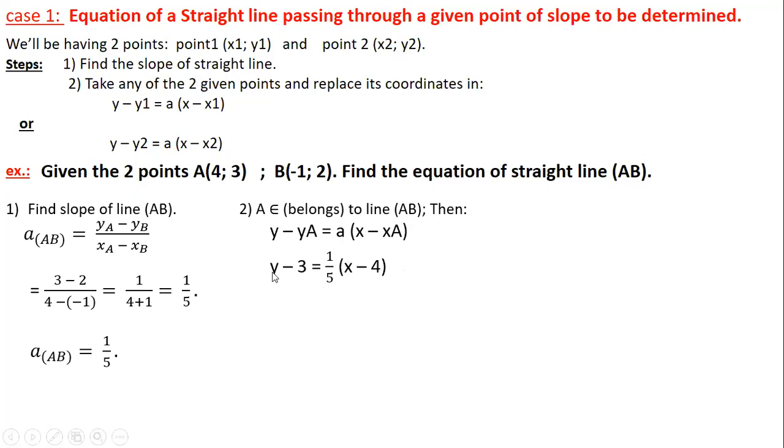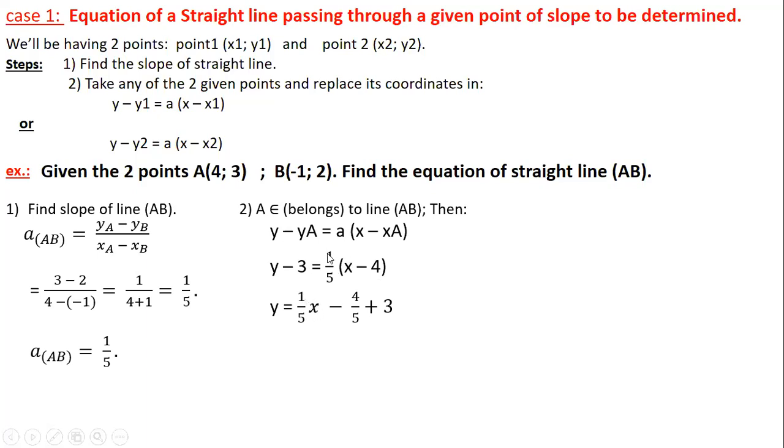Now, I want to manage this equation. It should look as y equal ax plus b. So I keep y on side 1 and I take everything to side 2, and I should get rid of the parentheses by multiplying it by 1/5. So I will write y equal, if I multiply 1/5 by x, I will get 1/5x.